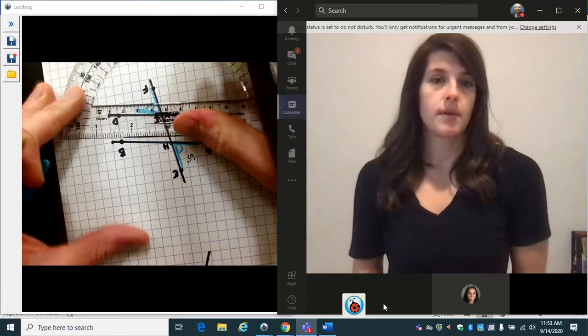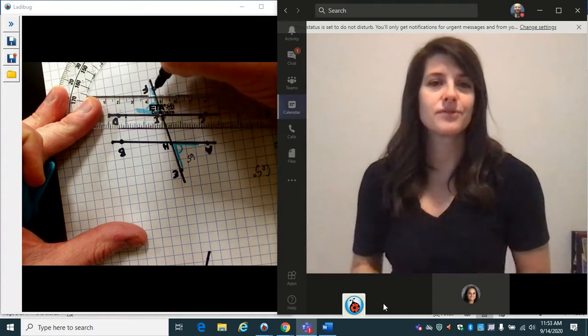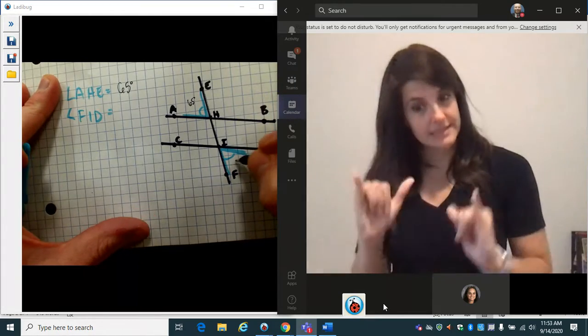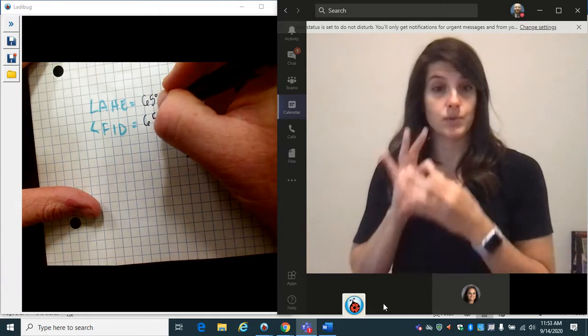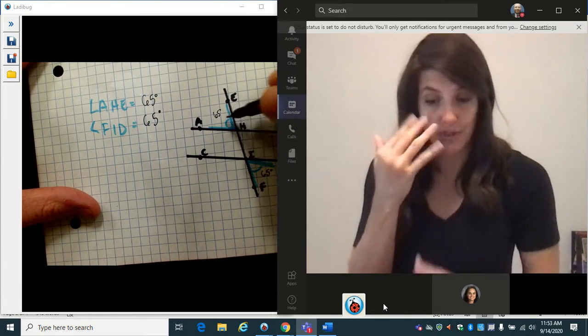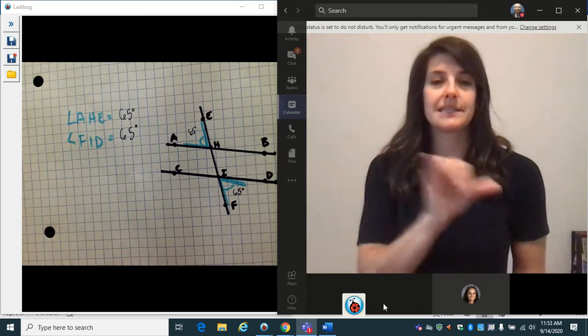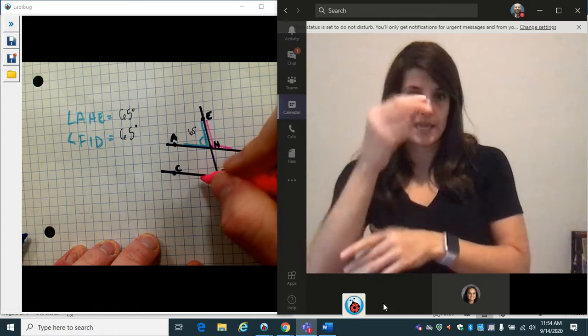I like to turn it around. It's a little bit easier to measure. FID, when you extend it, right around 65 degrees. So based on our knowledge of alternate exterior angles, these two angles have the same measurement. And that would apply here as well for angle EHB and CIF.